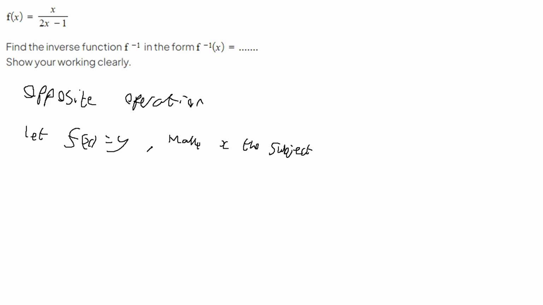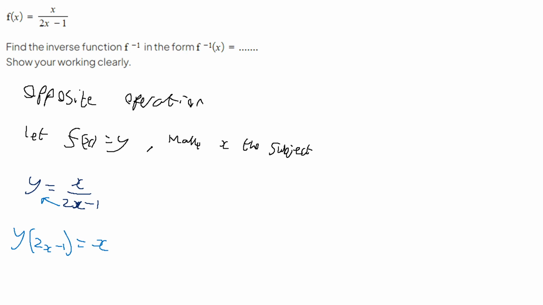Okay, so now let's do this together. So we'll let y equal x over 2x minus 1. And now, because like I said from previous classes, what's the problem with this expression? It's in a fraction, so get rid of the fraction. Times both sides. So we get y times 2x minus 1 is equal to x.